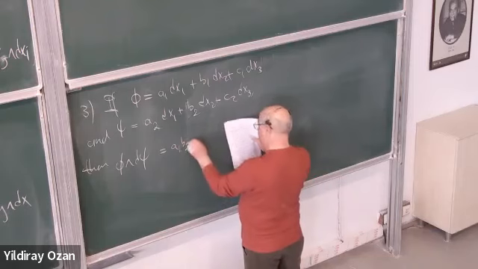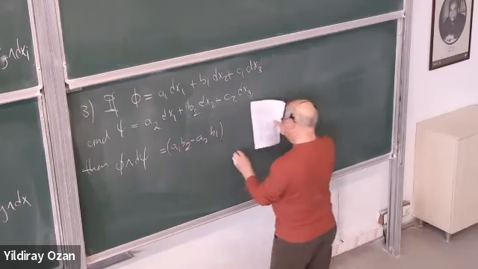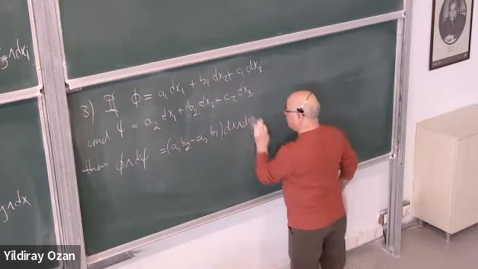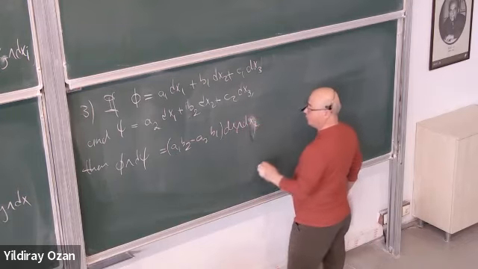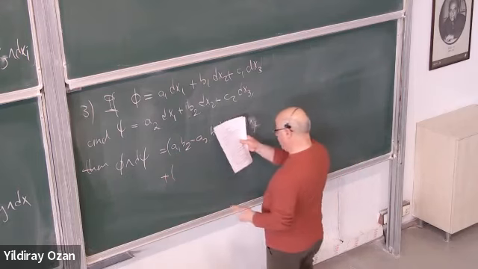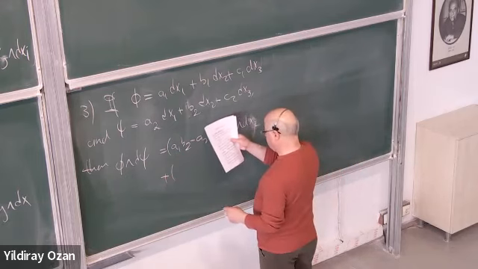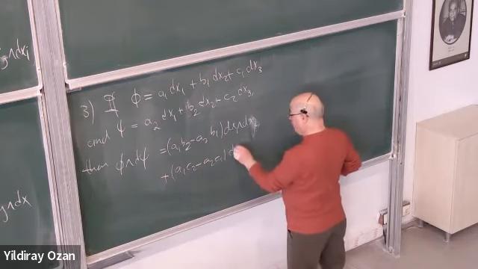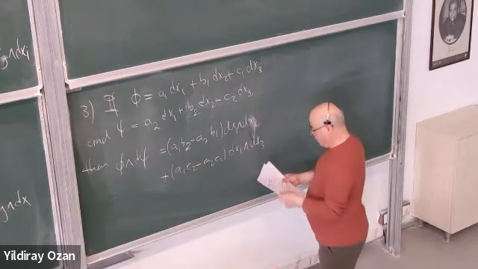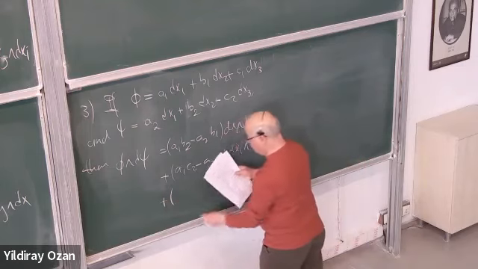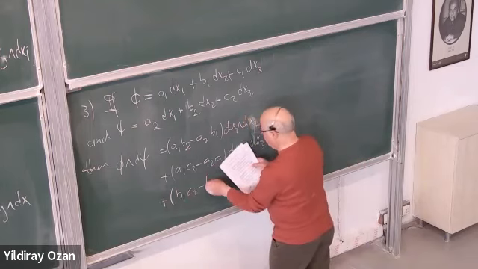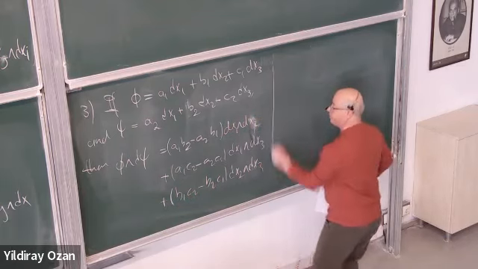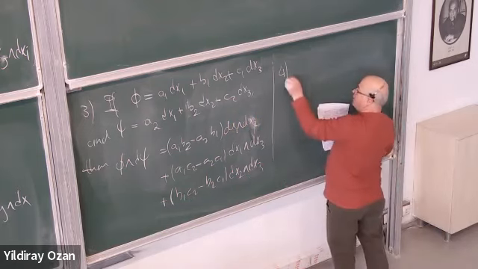A1 B2 minus A2 B1 times dx1 wedge dx2, plus A1 B3 minus A3 B1 times dx1 wedge dx3, and A2 B3 minus A3 B2 times dx2 wedge dx3, and the last one is this.